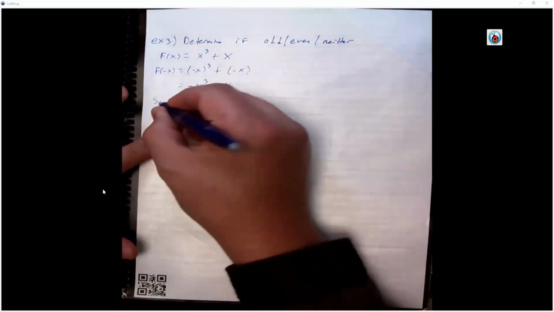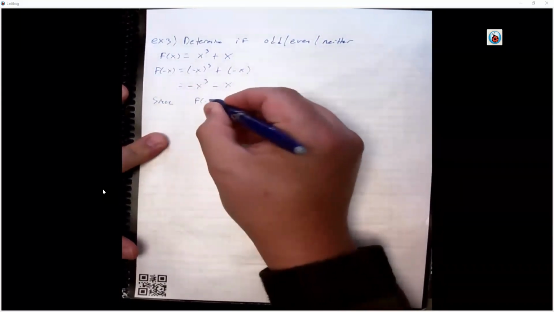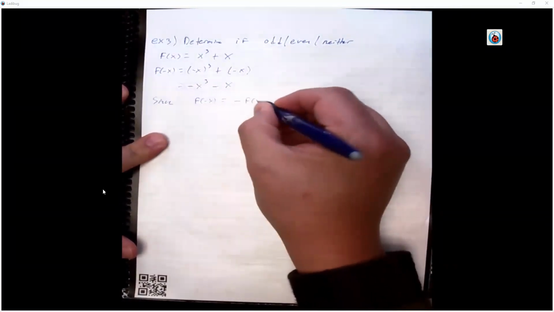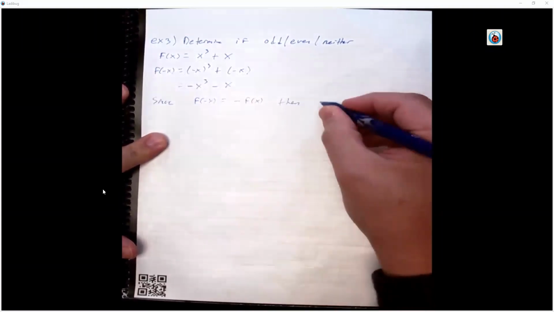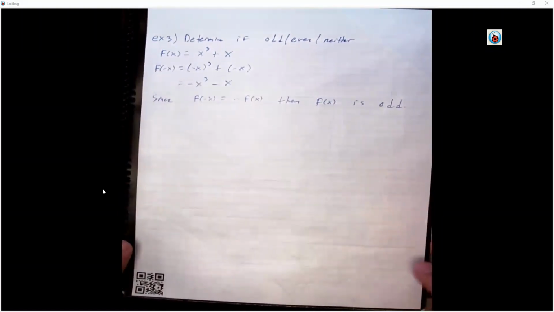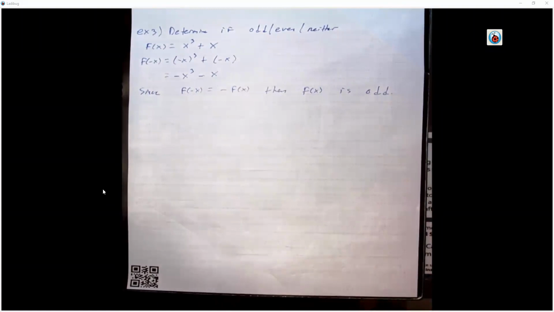So it is the exact opposite sign-wise from the original, right? So since f of negative x is equal to negative f of x, then f is odd. Any questions on that?